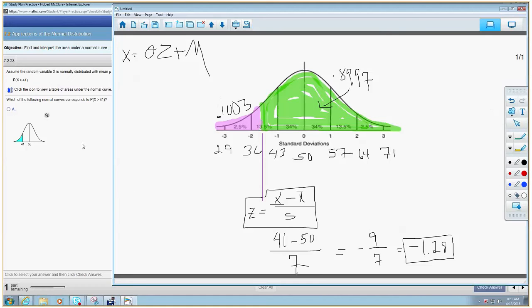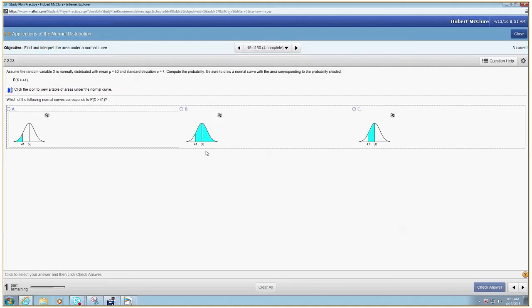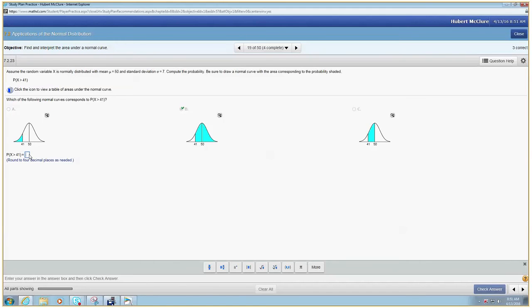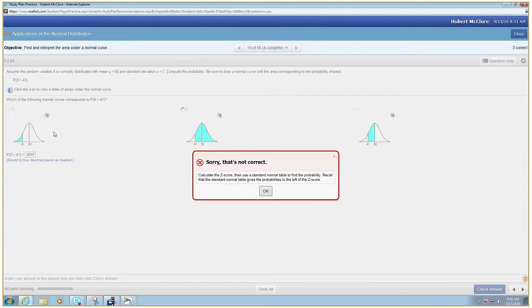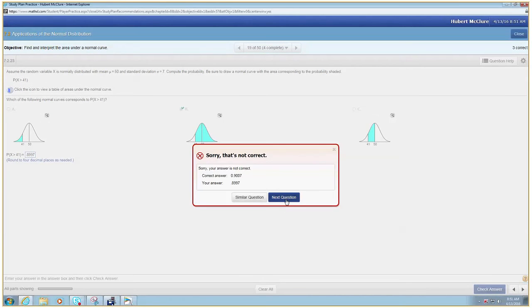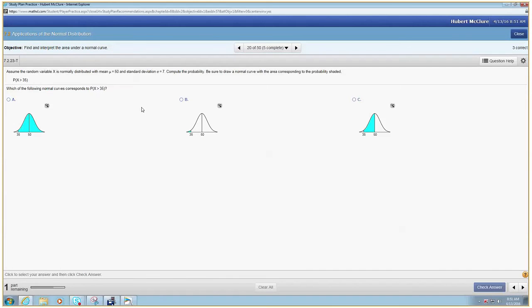Well, let's see if we got it right. At 0.8997? Looks like this guy. They got 0.9007.